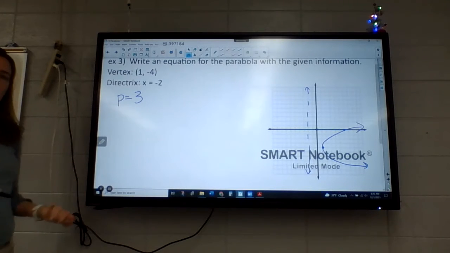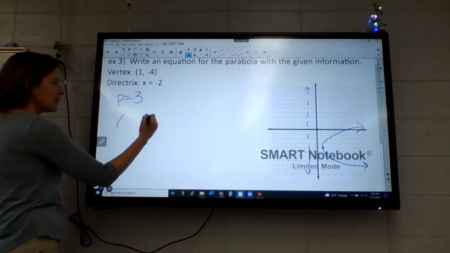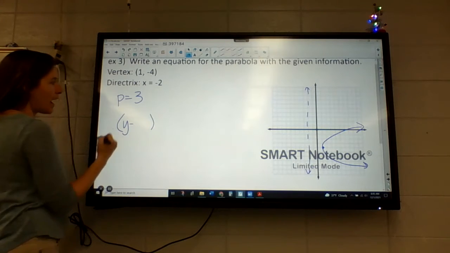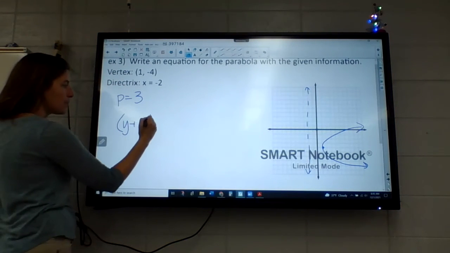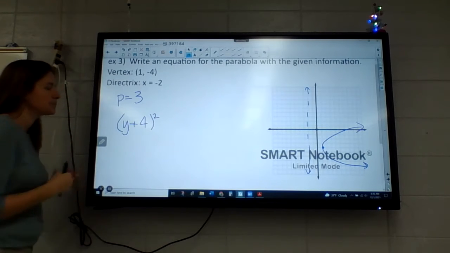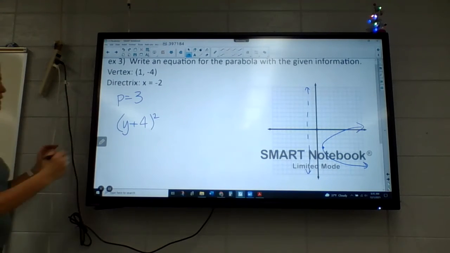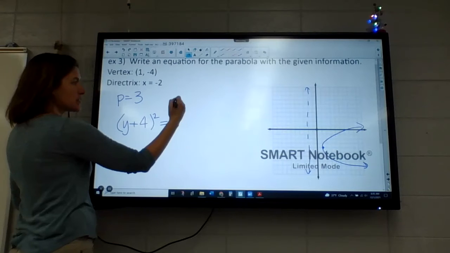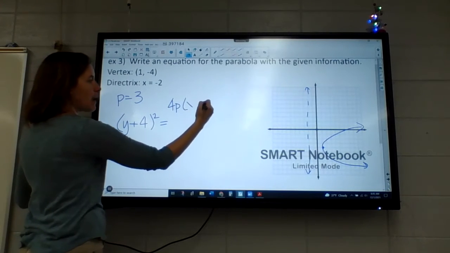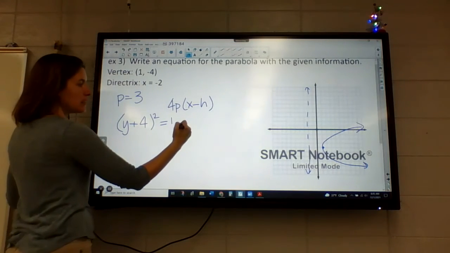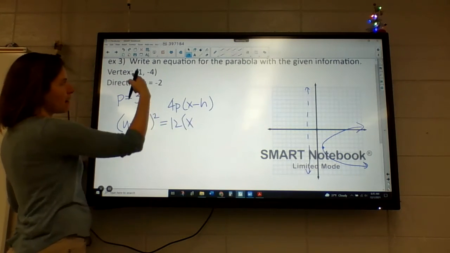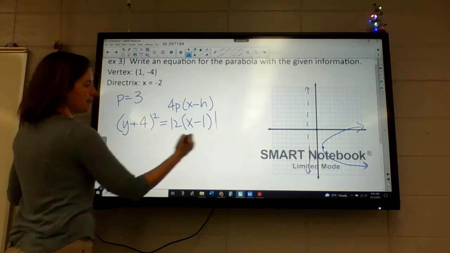So I know what the y is, the one being squared. So I do the opposite of the k. So this is going to be y plus 4, right? And then this is going to equal, remember this is 4p times x minus h. So this is going to be 4 times 3, and then x minus h, so x minus 1.